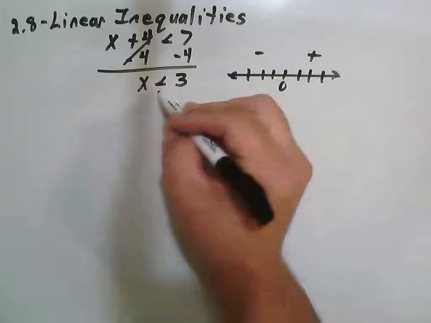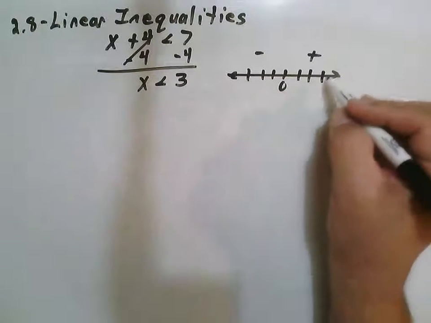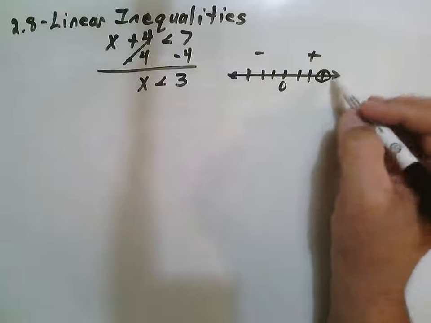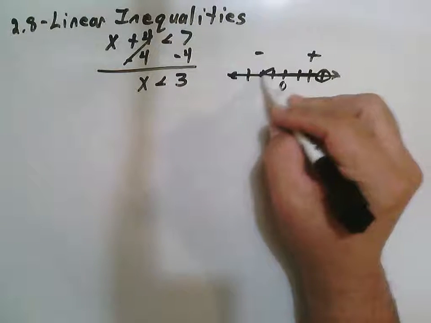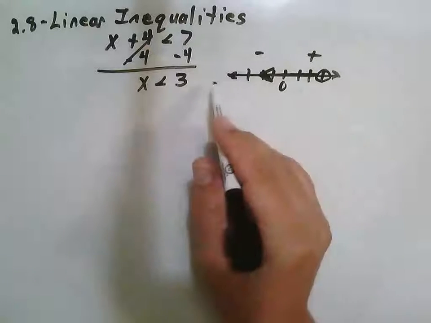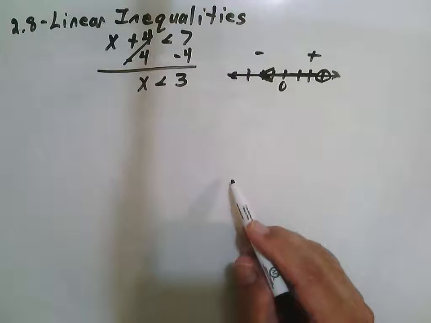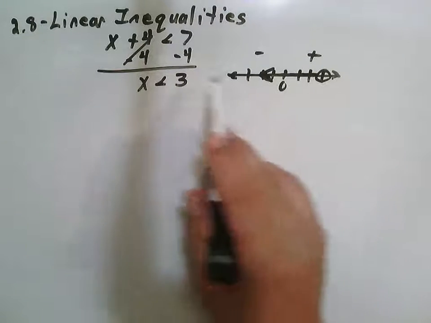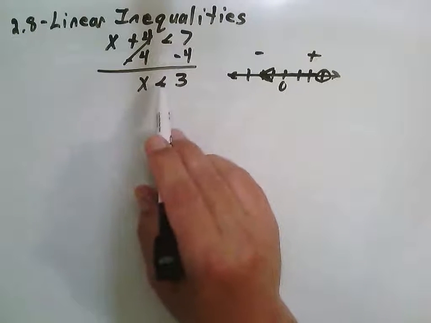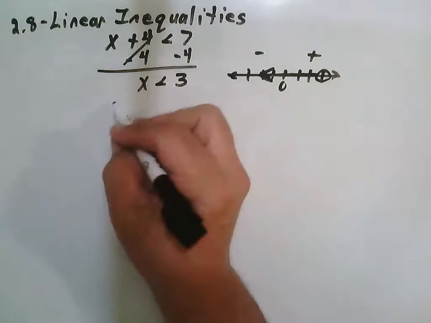And because this doesn't have an or equal sign, I make an open circle, and then I draw it at least past the 0, and I put the arrow. So everything on this side of 3, which is all my negative numbers, and 2 and 1 and 0 and anything in between, will make this particular inequality true.